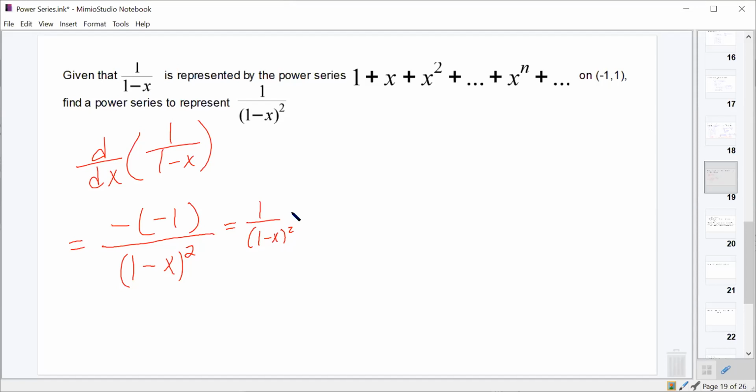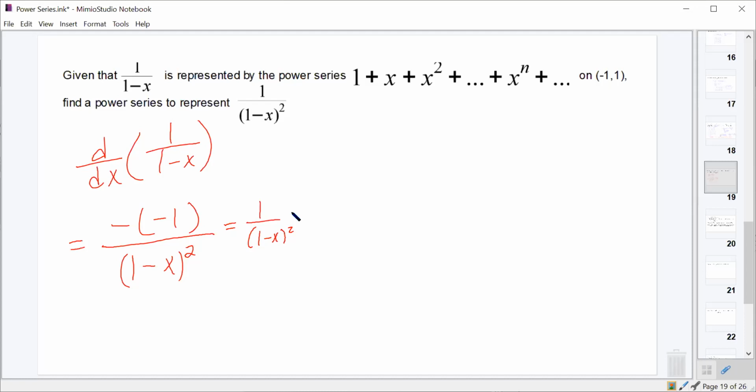So the very cool thing that we can do with any power series is we can just take its derivative and end up with a new series that represents the derivative of our original function.